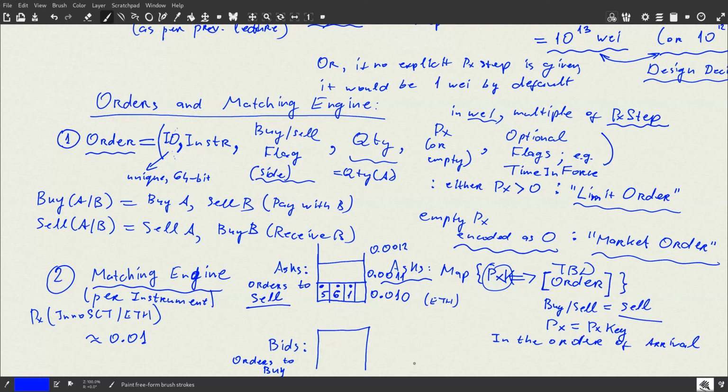And similarly, what are bids? It is again a map, a very similar one, price key to orders, but now these are buy orders. And you see that for sell orders, it is a map. We have the smallest key, which is 0.01 in this case, and other keys are larger.